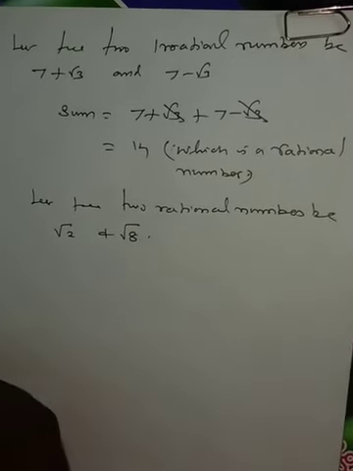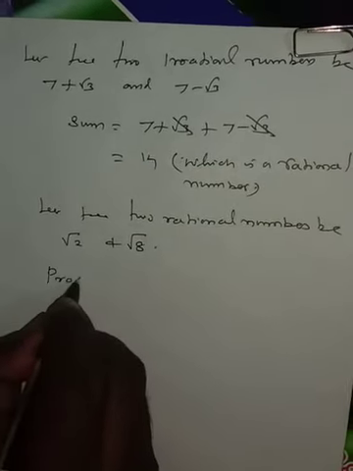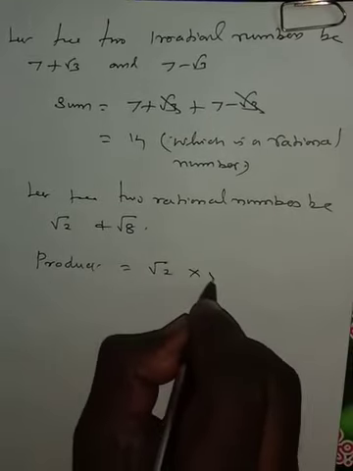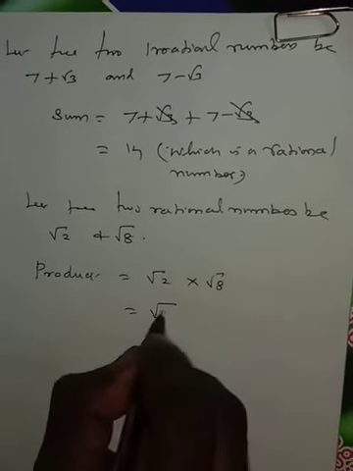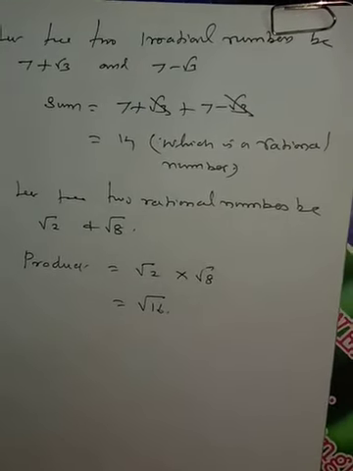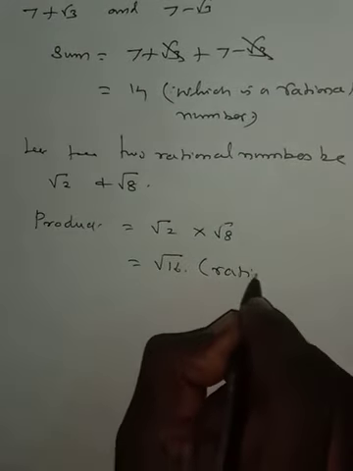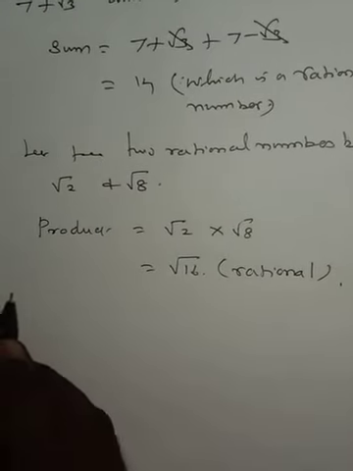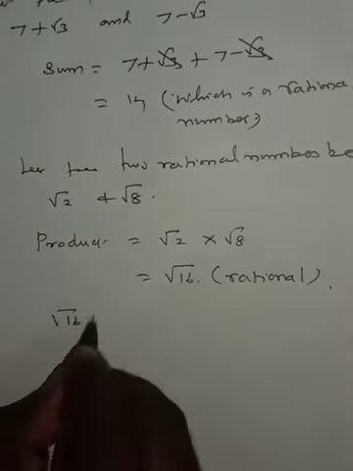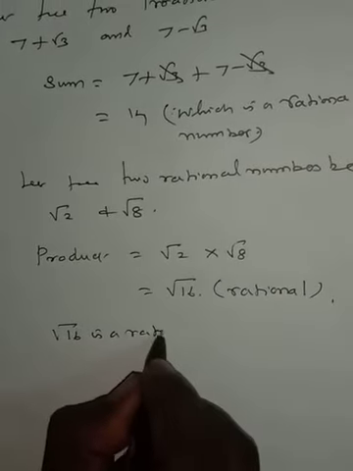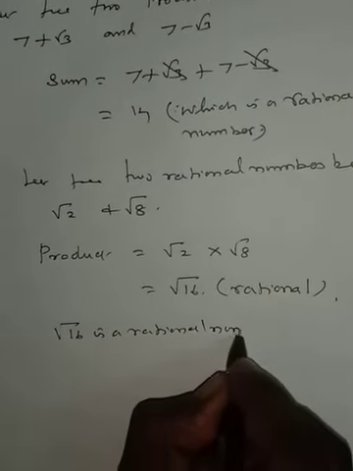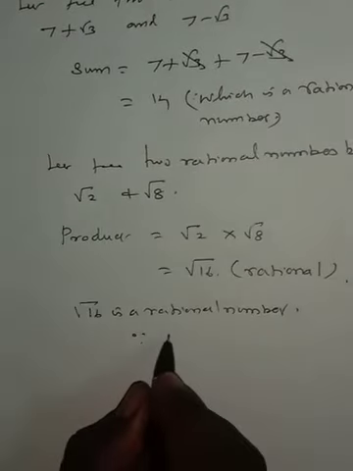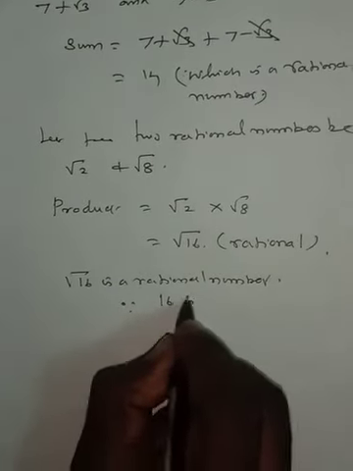The product is equal to root 2 into root 8, which is equal to root 16. Root 16 is a rational number, since 16 is a perfect square.